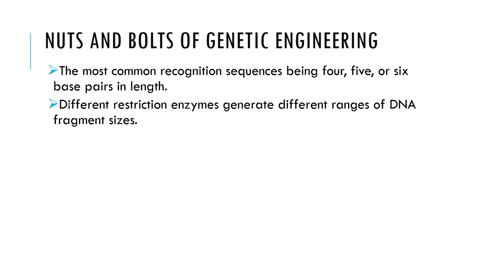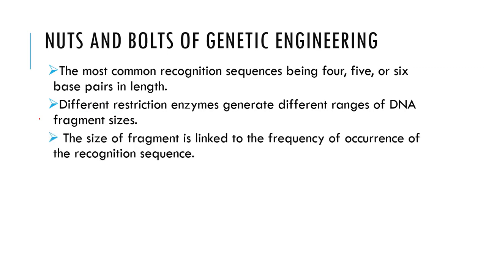This is what it means: since restriction enzymes have different recognition sequences, and depending on how many recognition sequences are present in the DNA on which a particular restriction enzyme is acting, we get fragments of different sizes, not of the same size. This is what this particular statement means.